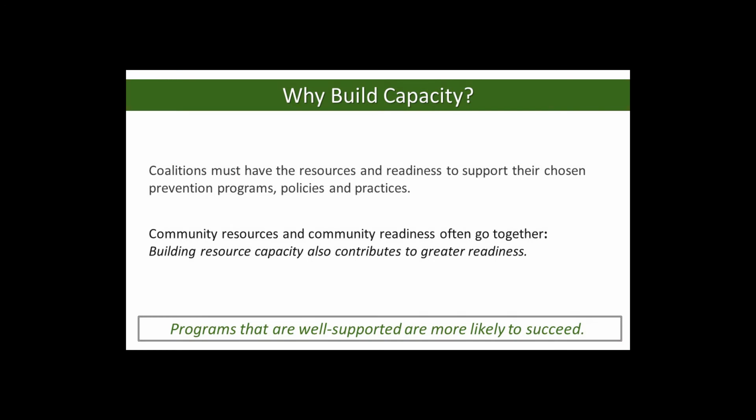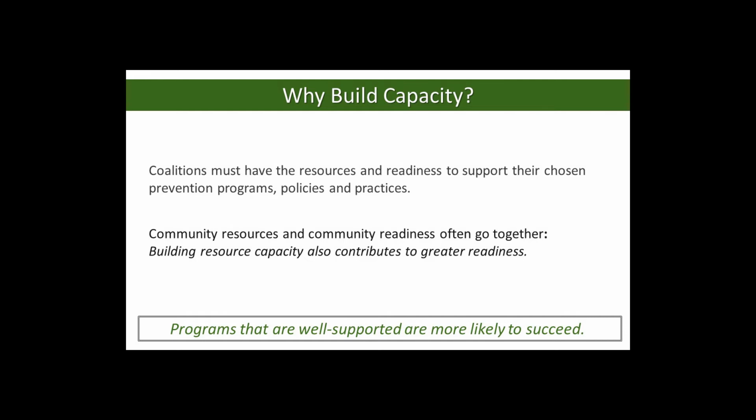Coalitions must have the resources and readiness to support their chosen prevention programs, policies, and practices. Your community must also have the readiness needed for implementing the strategy successfully. Increasing resources and improving readiness often go together. Building resource capacity can also contribute to greater community readiness. For example, when key stakeholders are engaged in solving problems, they often mobilize other community members, thereby preparing more people in the community to have buy-in and engage in the efforts.